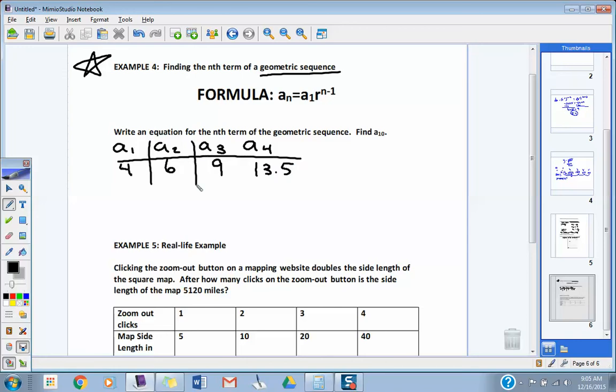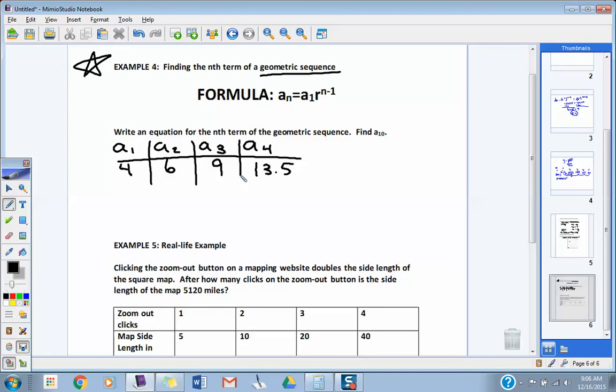Write this table down real quickly, okay? So guys, the way I've set that table up for you to visualize this is the following. It says that in this sequence, term 1 is what value? Term 2 is, term 3 is 9, term 4 is 13.5.